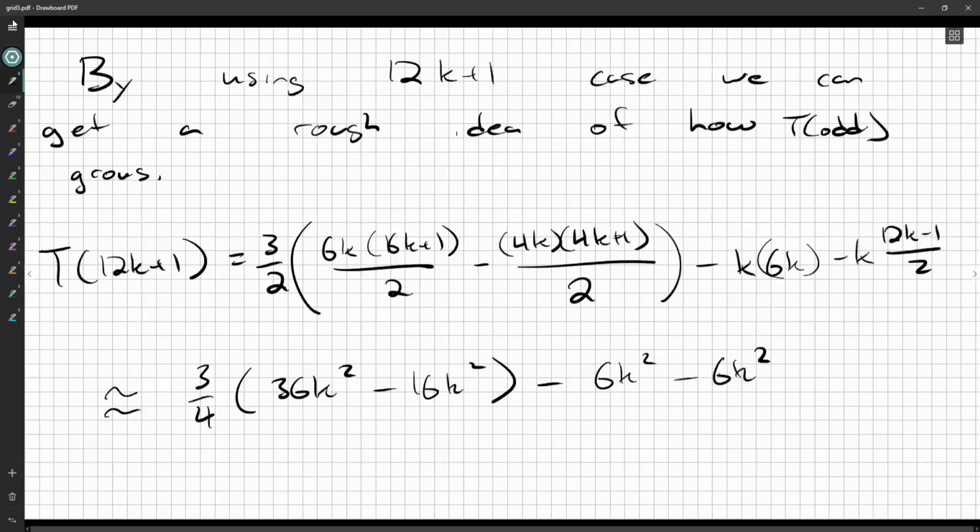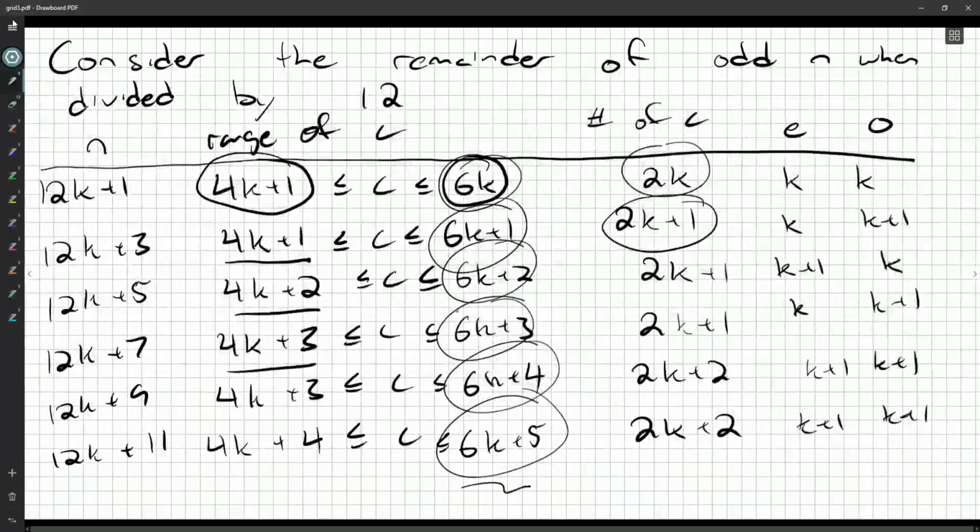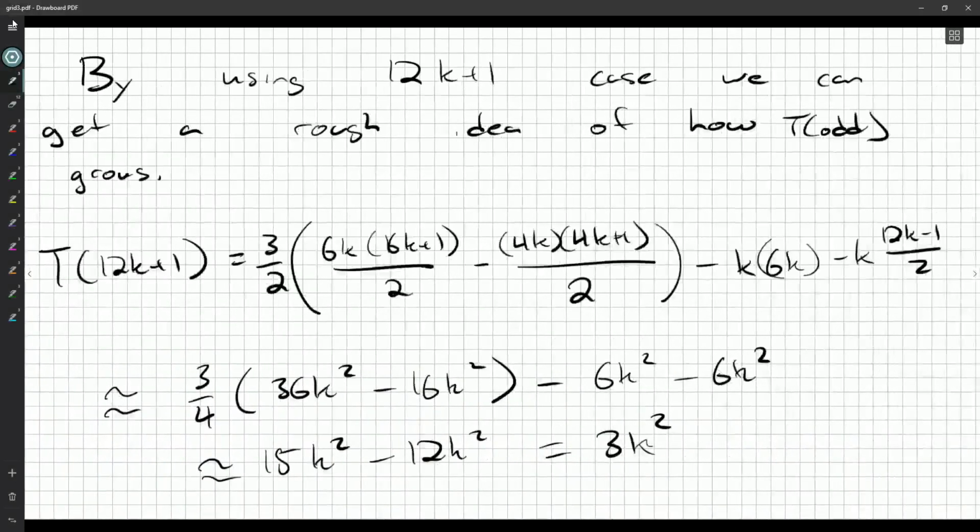That'll be 20. 20 divided by 4 is 5 times 3 is 15k squared minus 12k squared. So 3k squared, and the other numbers are going to be similar because it's all a bunch of 6k's and 4k's and k's here. So about 3k squared.